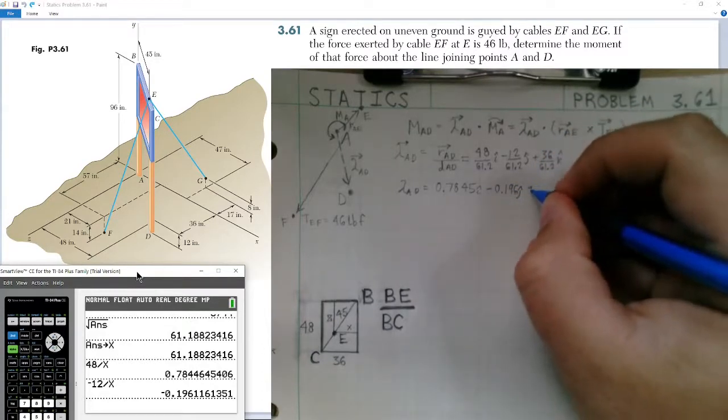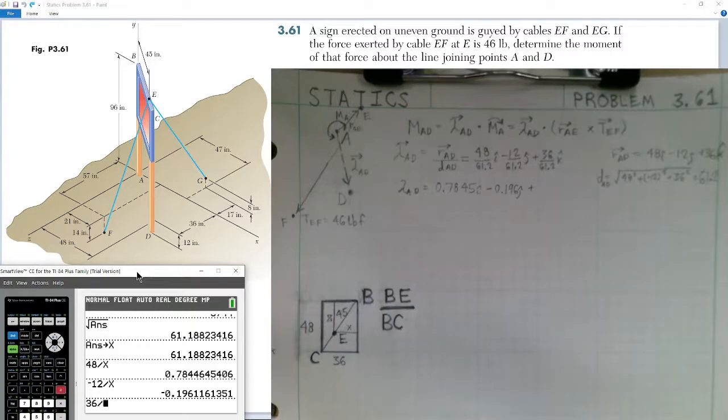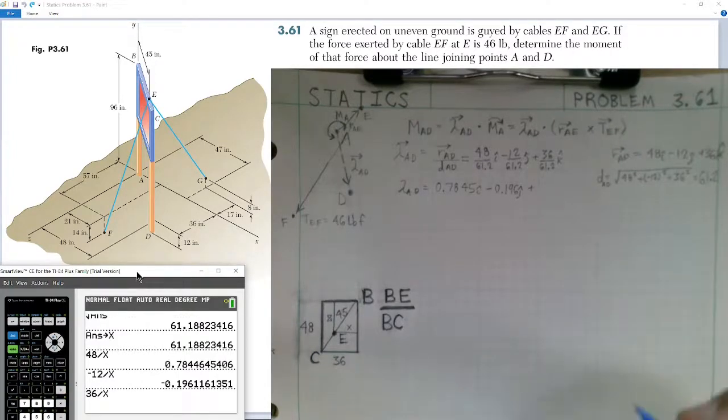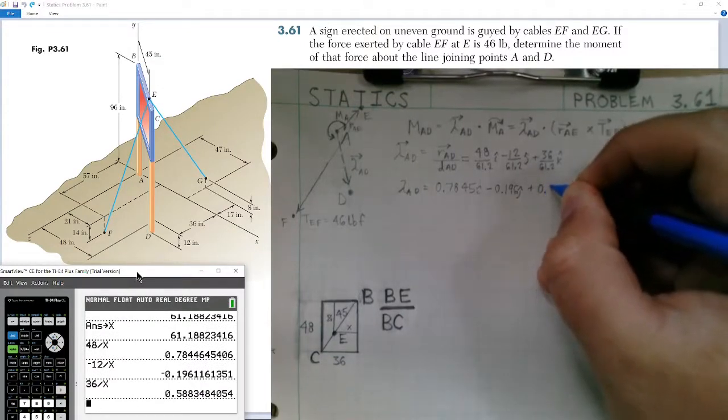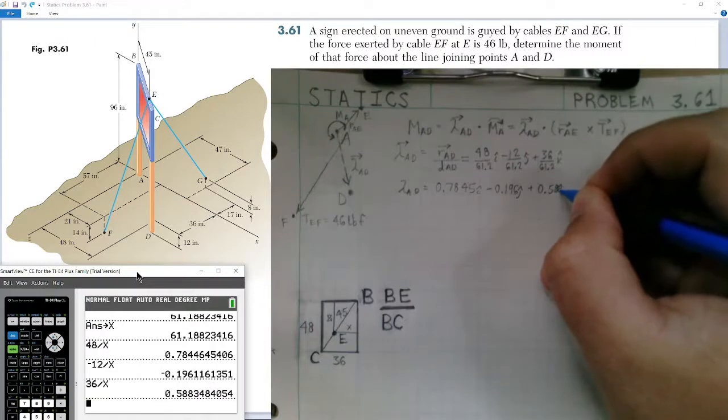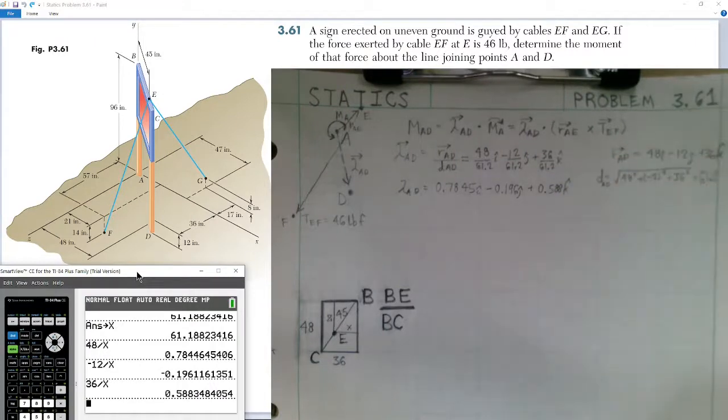And finally, in the k hat direction, we have 36 divided by the 61.2 number, and we get 0.588. So plus 0.588 in the positive k hat direction.